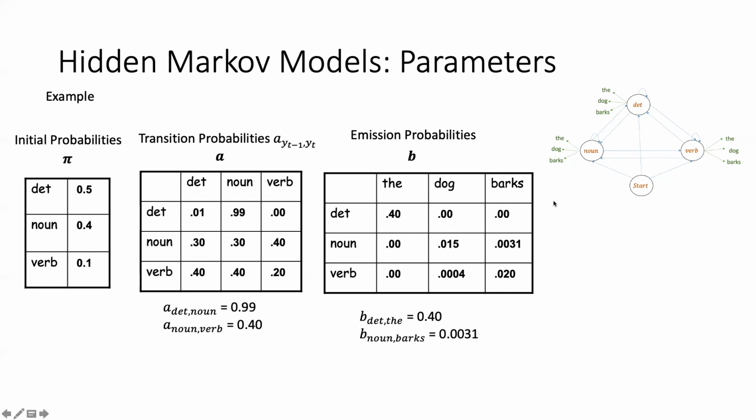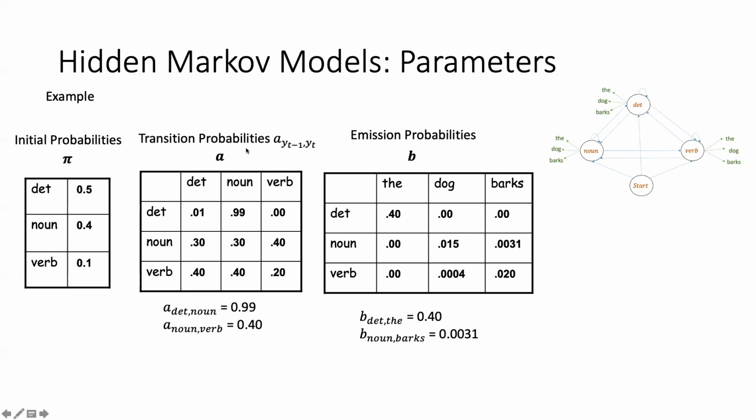Let's say in the start state, we can visit any of the three states: determiner, noun, or verb. So the initial transition probability is captured by initial probabilities, which is denoted as pi. And after reaching any of these states, we can transition to another state, noun or verb.